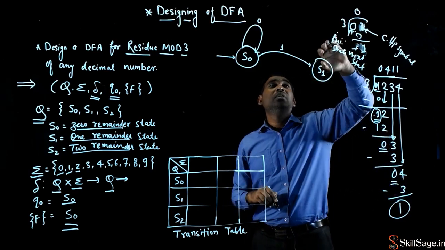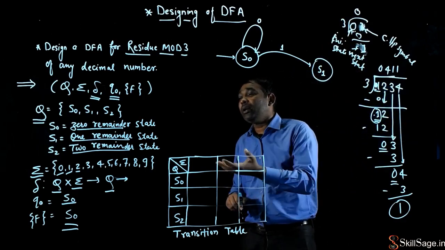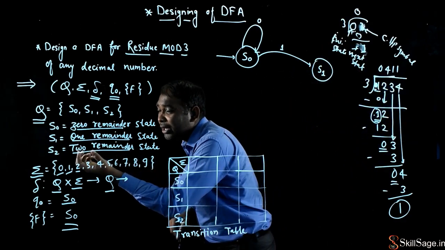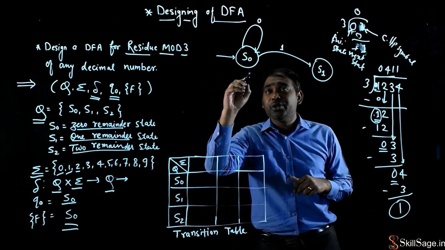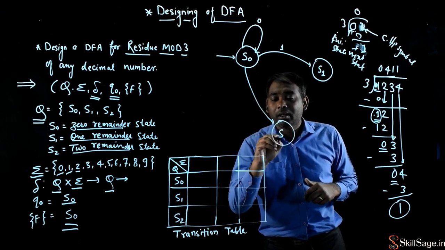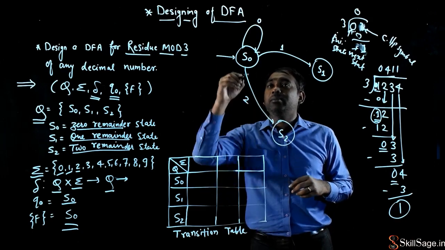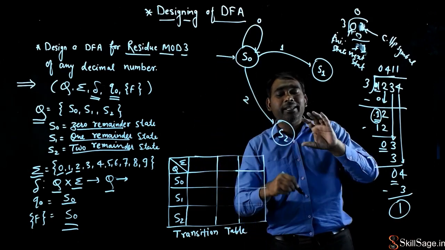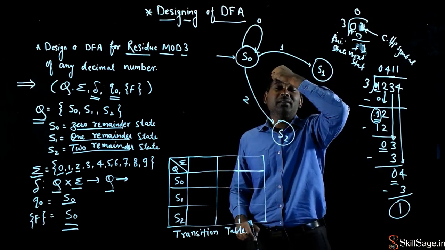If it reads 2, again 3 zeros are 0, and the remainder is 2. That means I am going to the 2 remainder state, S2, after reading 2 from S0. So if I take a transition on 2 from S0, the next state is S2. What about the next input symbol?